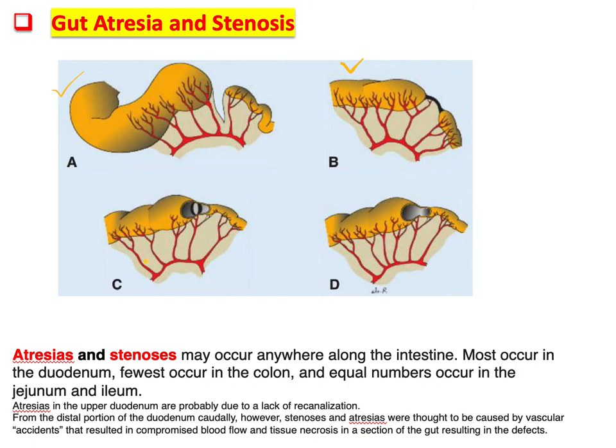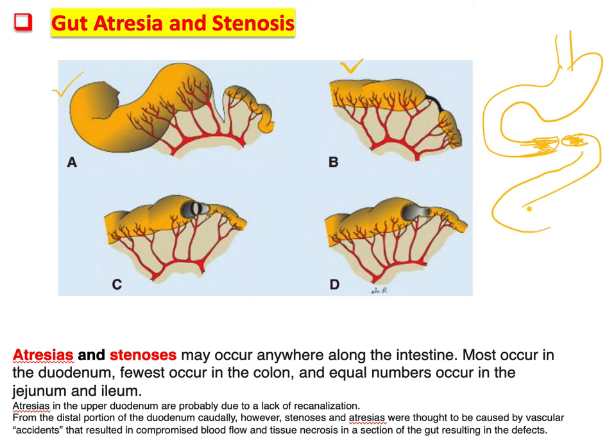And the atresia of the duodenum, say here stomach, duodenum. If there is atresia of the duodenum, usually it occurs because of lack of recanalization, because there are endothelial cells here filling it, then they start to degenerate and recanalize it.